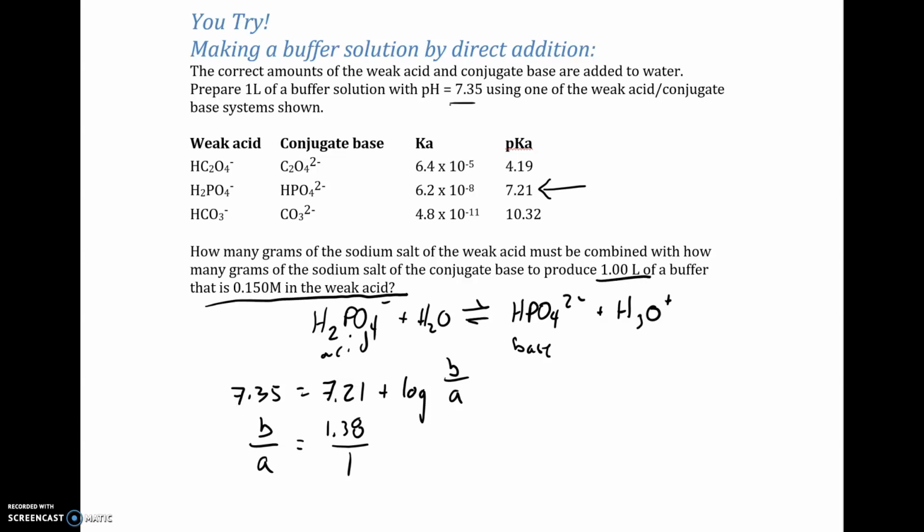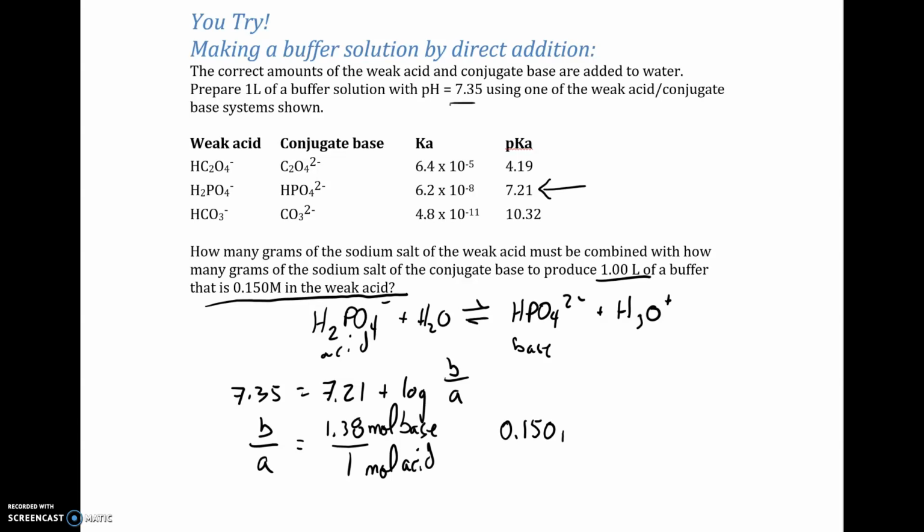So this is 0.15 molar weak acid. If we had anything other than 1 liter, we could change that into moles, and that would be how we're limiting. So if you just write 1.38 moles of base over 1 mole of acid, and then convert your 0.15 molar to moles, even though it seems silly.